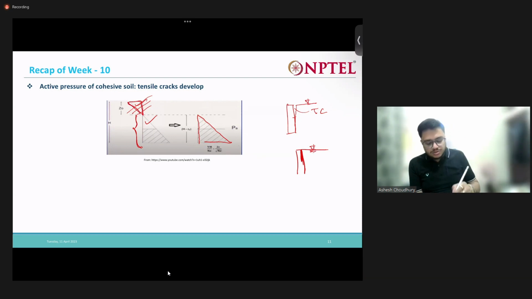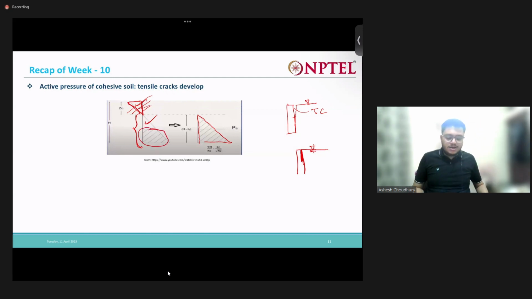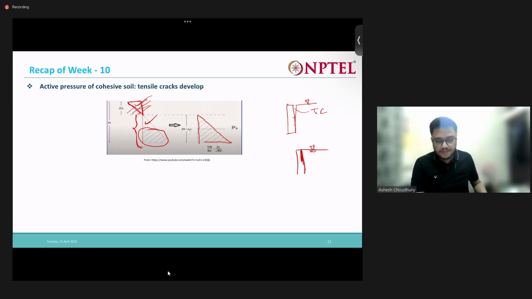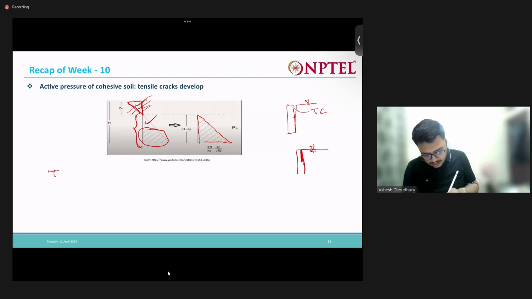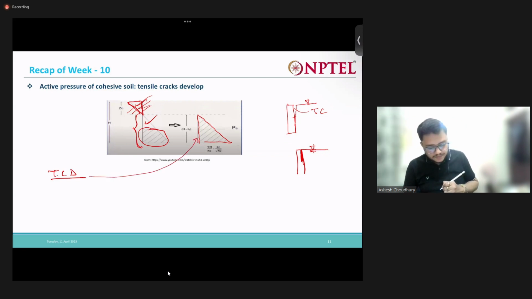So this part and this part will cancel each other, and only the area below will give my PA. So when tension cracks develop, this is the case, and when tension cracks do not develop, this figure will give you the PA.